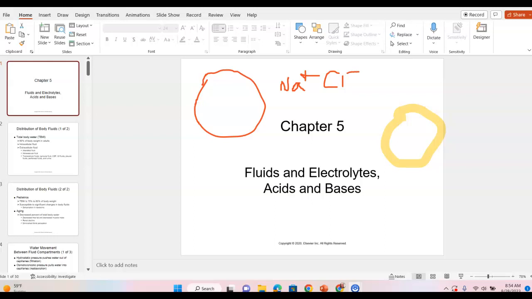And the positive and the negative balance each other. We have potassium, which is a positively charged ion, likes to be inside the cell. And then you have proteins, which are negatively charged. So it's all about keeping this balanced.